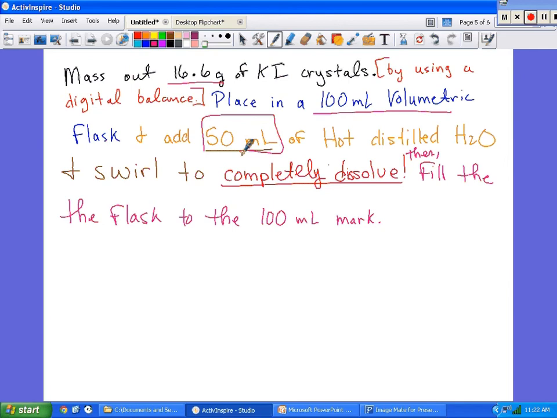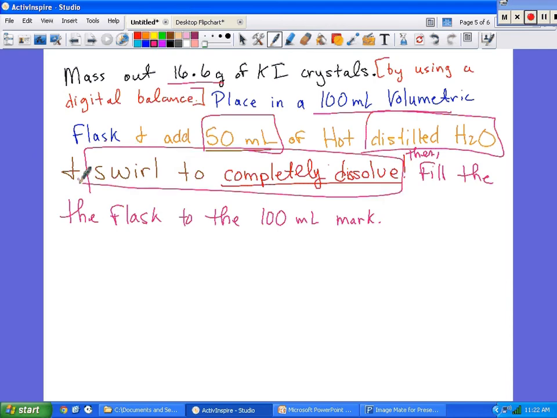It doesn't necessarily have to be hot, but it has to be distilled. You have to swirl and completely dissolve, and then you have to fill to the mark. Okay, so those are really the important things. 100 milliliter volumetric. So again, those are things that you really, really, really have to grasp in this.